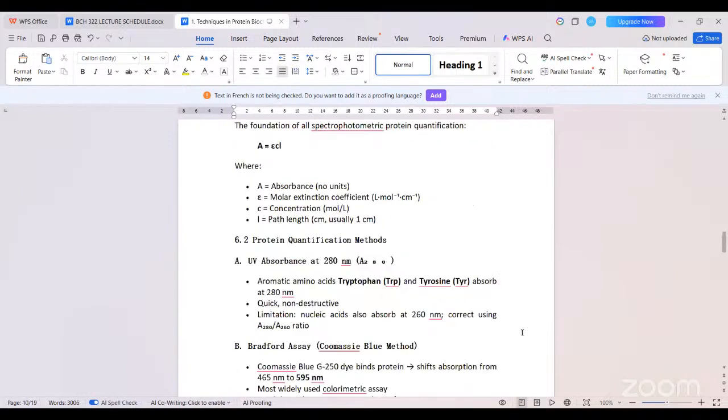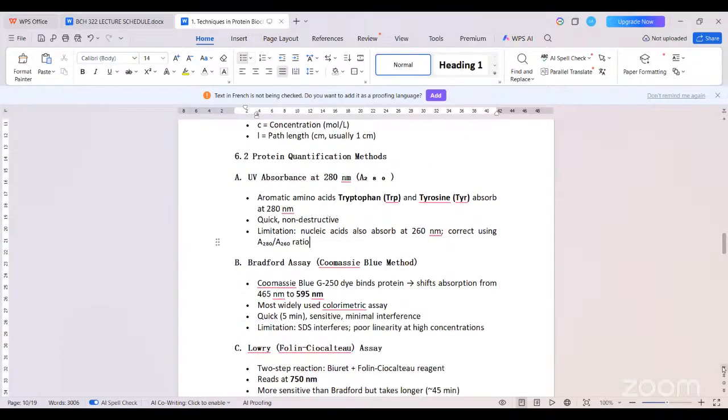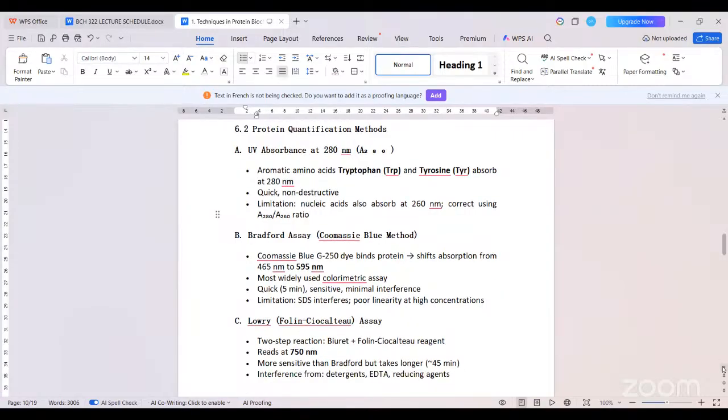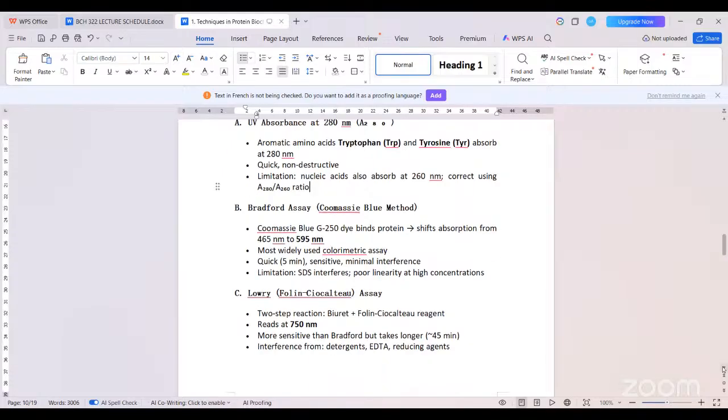The next method for protein quantification is the Bradford assay, using Coomassie blue at an absorbance of 465 to 595. Now, each method differs depending on literature surrounding the protein of interest. Another quantification method is the Lowry assay.